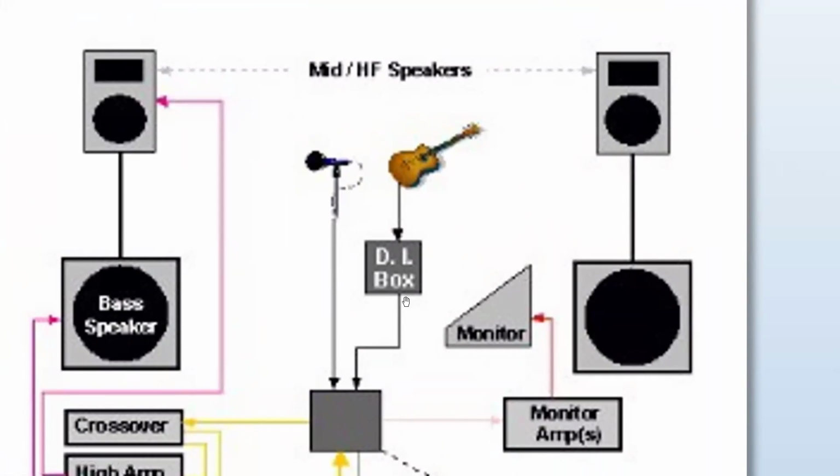A DI box is almost like a primitive version of a media converter. You could classify it as that with a grain of salt. The idea is to convert the unbalanced signal coming from passive devices, maybe a guitar, or maybe active devices as well, into a balanced signal.